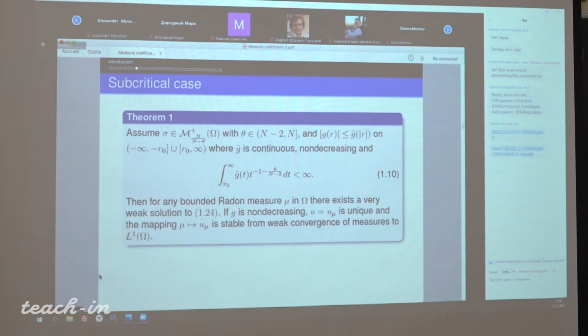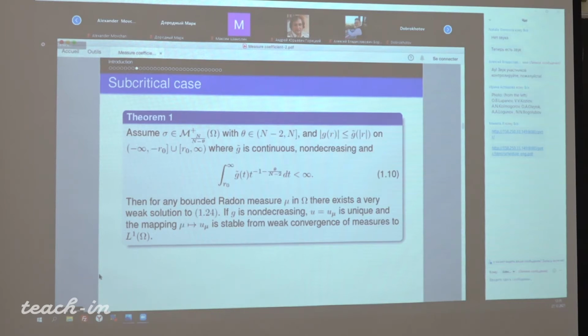And now the integral condition of Brezis and Benilan is replaced by the integral from r0 to infinity of g tilde of t times t to the minus 1 minus theta over n minus 2 dt is less than infinity.